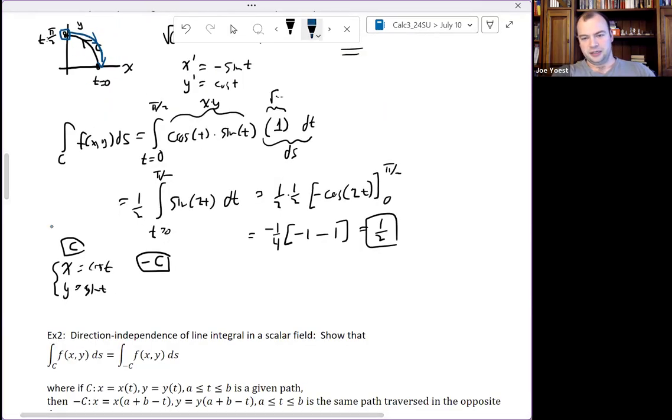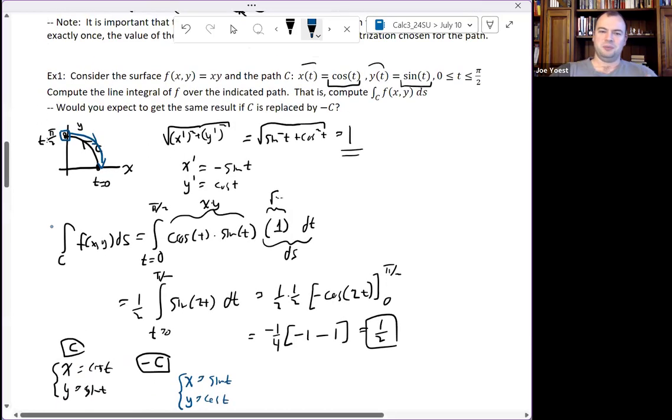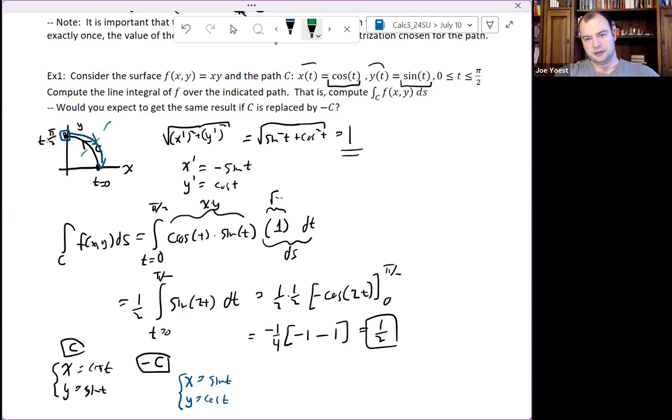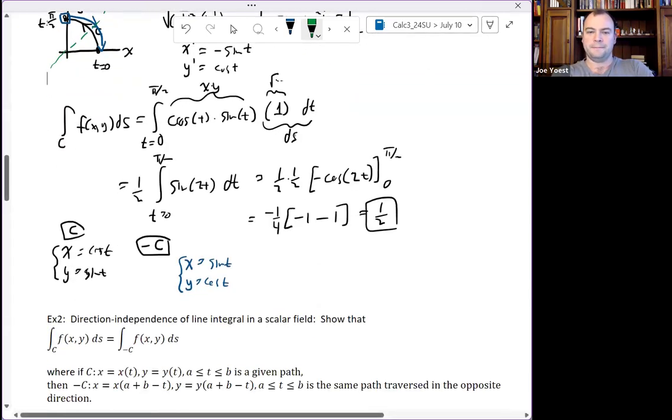Well, it turns out that I can use x equals sine t, y equals cosine t. I can kind of see this is going to work because I've just exchanged the roles of x and y, right? I've just flipped everything over the line y equals x, so I get the same curve, but the direction is going the opposite way.